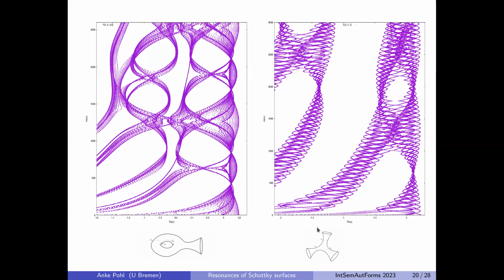So on the right-hand side here, you see an enlarged picture, the 3 funnel surface. Here we before also had the part starting at the 0 to the right. And here you see, okay, there's much more structure to gain. One thing I would like to ask you to think about, and then I will come back to the question: if I give you these two pictures, you would definitely say they have different features.